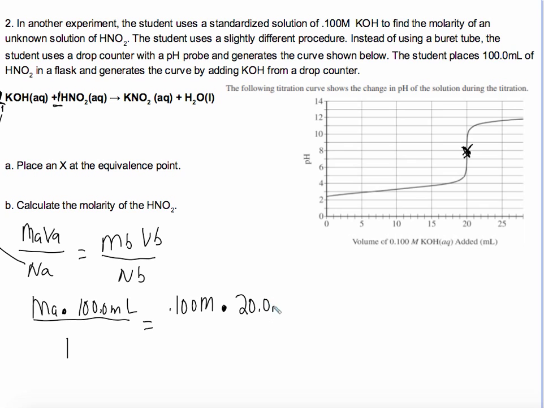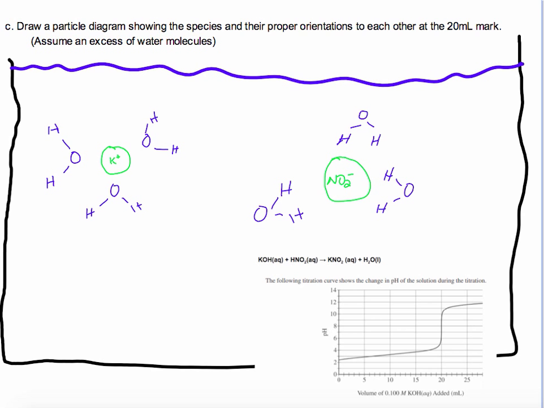So now the volume of the base is the volume at the equivalence point, and so that's 20.0 milliliters, divided by the N, so that's that number right there. And if we would happen to do all the math, we get 0.0200 molar is the answer that I got when I push the buttons. Okay?